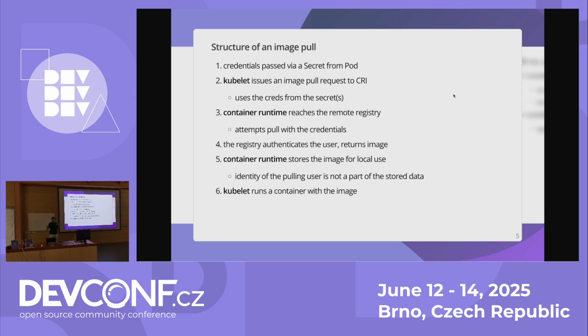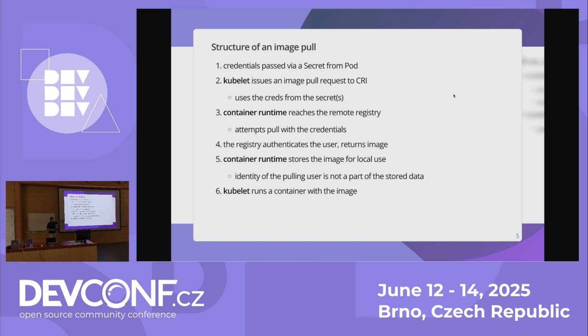And these are two separate components, right? And unfortunately, as you can see in point 5 here, when the container runtime actually manages to pull the image, it doesn't save the information about the credentials that were used to pull that image anywhere, right? And that's basically where all of these problems are coming from, right?